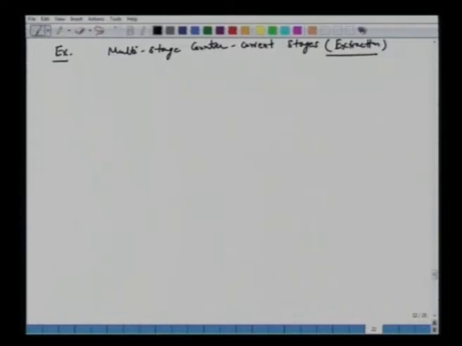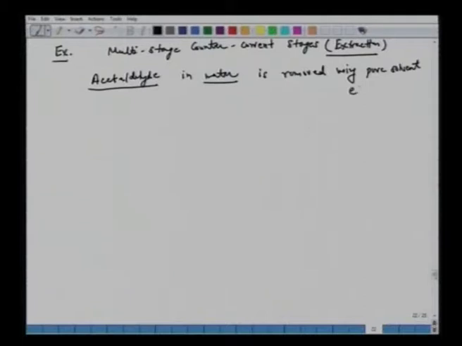That's the unit operation. And let's say we have the system acetaldehyde in water, which is to be removed using pure solvent, which is ether in our case, or isopropyl ether.